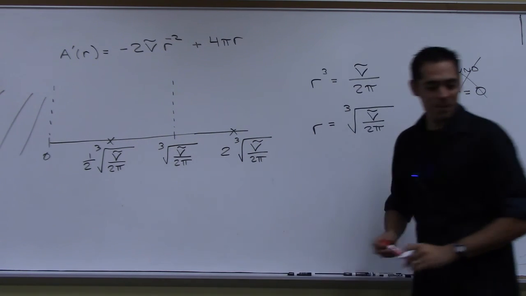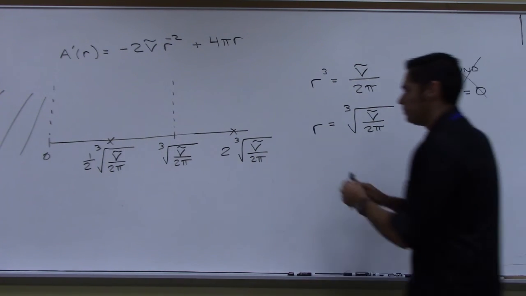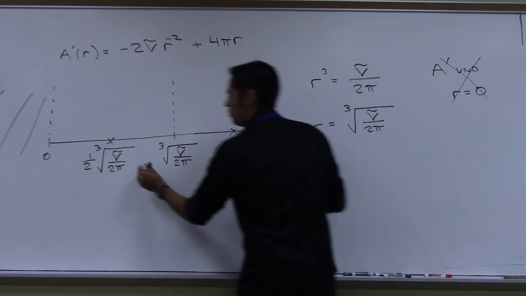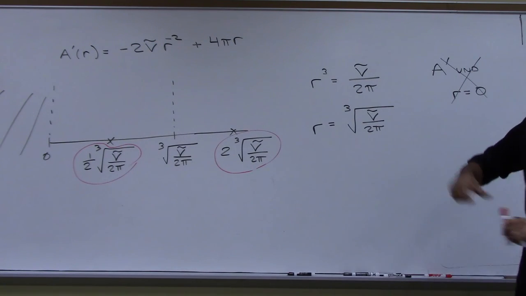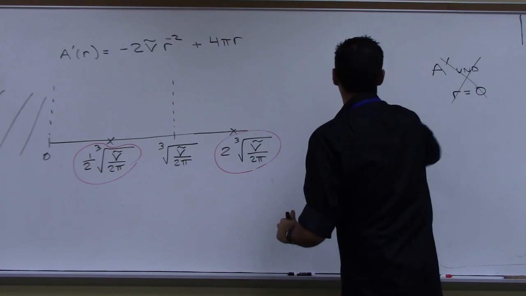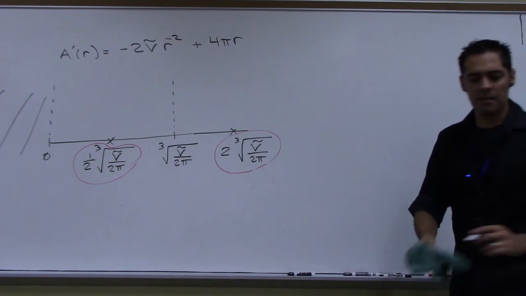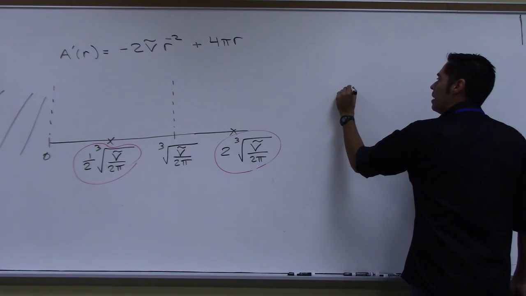And where am I supposed to plug that in? Those are my test points. Where am I plugging those two numbers? Into the derivative. And all I care about is whether or not it's positive or negative. So I'm going to go back to the derivative that we had when we had the common denominator.